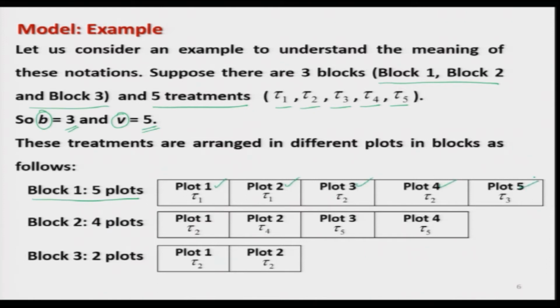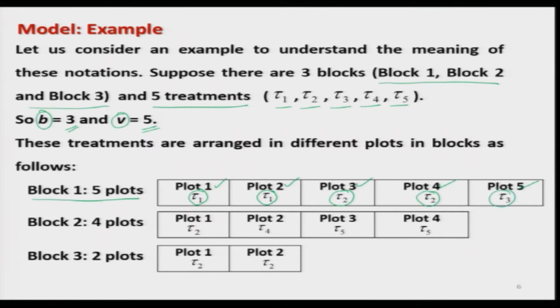I give treatment 1, tau 1, in plot 1. Then in plot 2, once again treatment 1. In plot 3, treatment 2. In plot 4, treatment 2, and in plot 5, treatment 3.